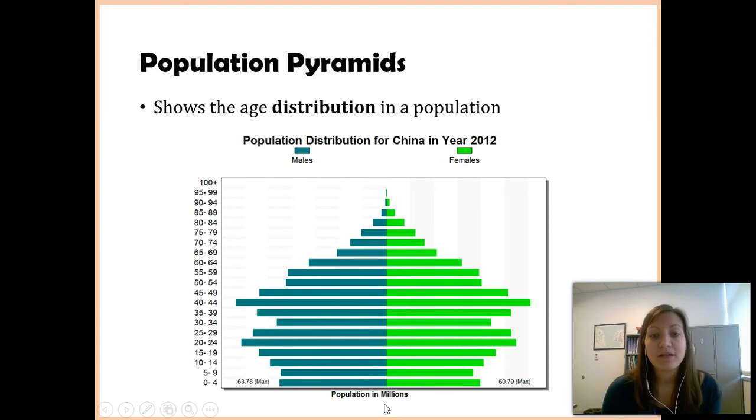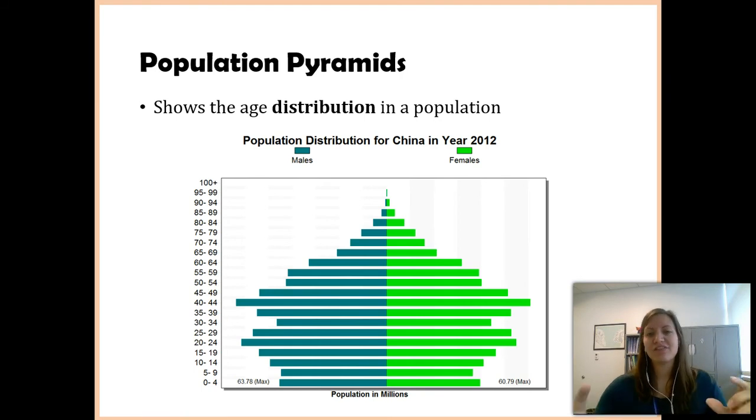The graph says population in millions, and on the left-hand side we have different age categories: individuals between the ages of 0 and 4, 5 and 9, 10 to 14, etc. For example, 63.78 is the max, meaning this bar right here is the maximum size: 63.78 million males between the ages of 40 and 44. That's how you interpret this kind of graph.